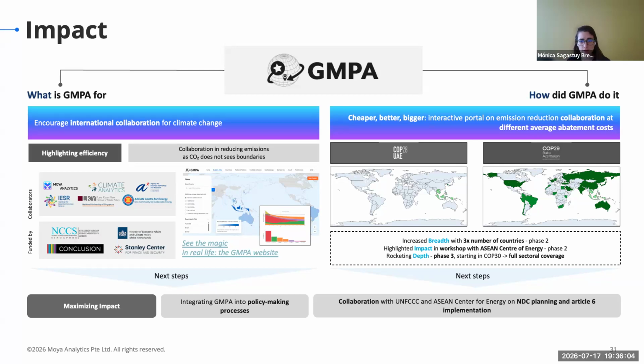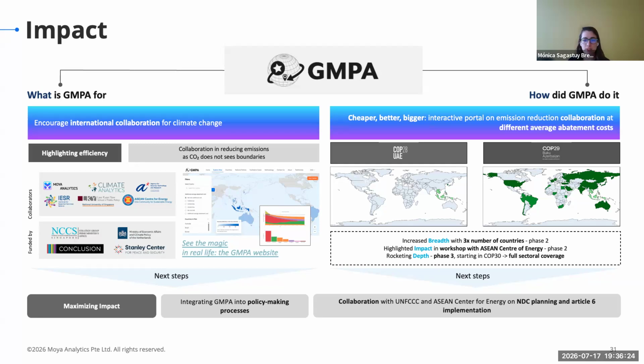So collaboration is always a good incentive to share these resources and reduce our emissions. In the end, emissions don't really see borders, and the whole planet is affected. So we want to maximize impact and collaboration.